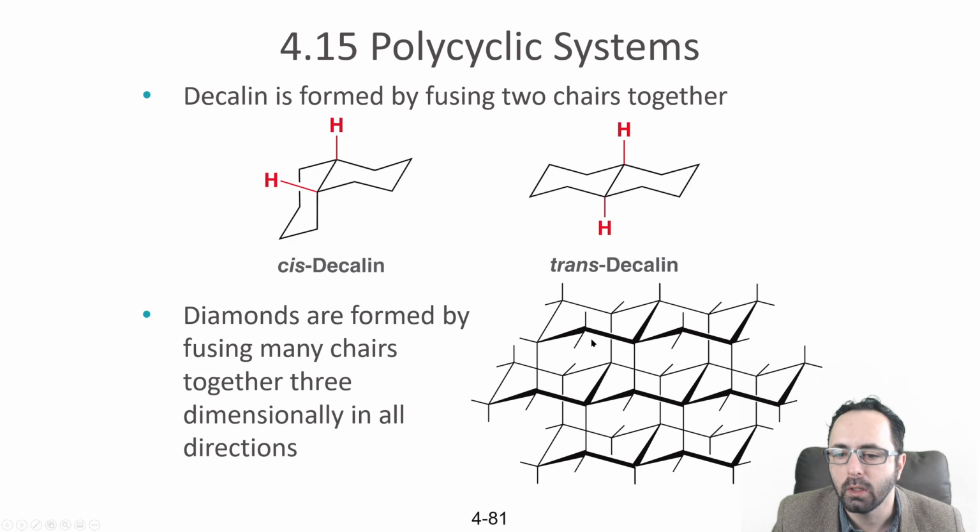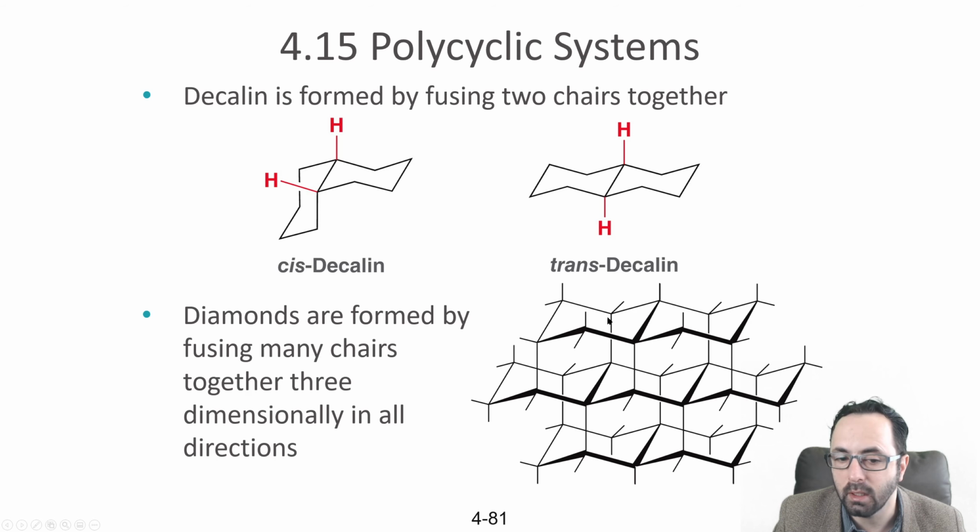There's also multiple cyclohexanes that can bond all together and make very large structures. So diamond is like that. Diamond is just a bunch of carbons tetrahedrally bonded to all other carbons. And they make these arrangements that ultimately lead to rings of 6. Another molecule here with a common name called decalin has 2 cyclohexanes stuck together, basically.